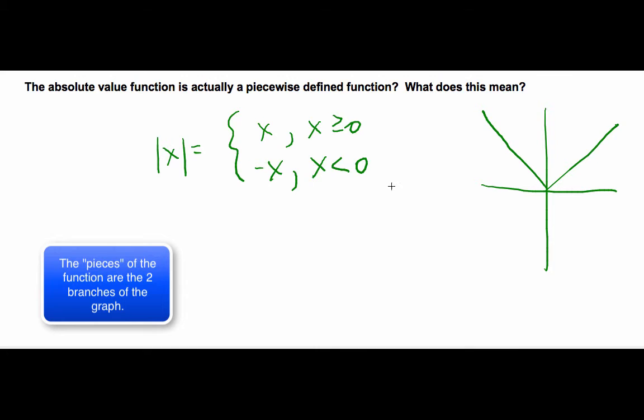So if x is a negative value, like negative 2, then we evaluate the function for absolute value, we know that the values become positive, so that's where we get the positive 2, and that's where we get this point here on the graph, right? So it's called a piecewise function. It's defined in two linear pieces. Depending on what x is dictates which piece of the function you're using.